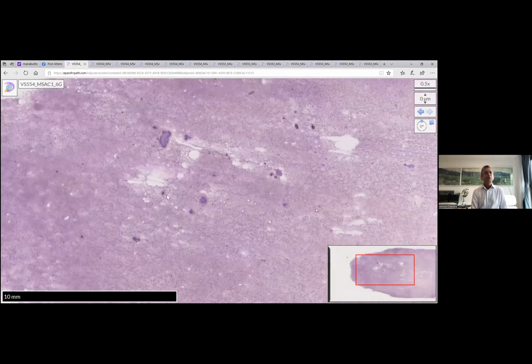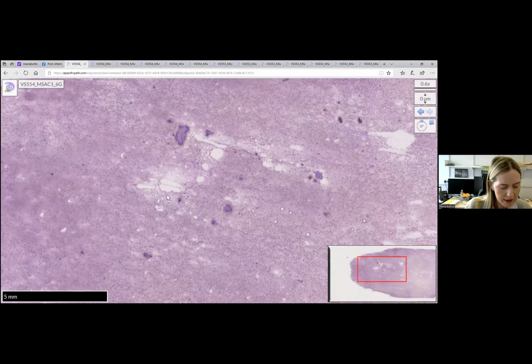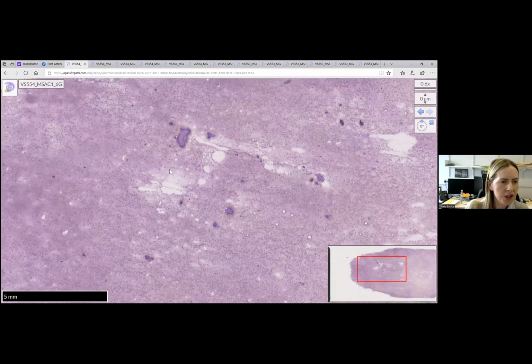Excellent. So we're on to our next case now. Yeah, so our next case is a 67-year-old female, and this is an axillary lymph node FNA. So this is the MGG direct spread.